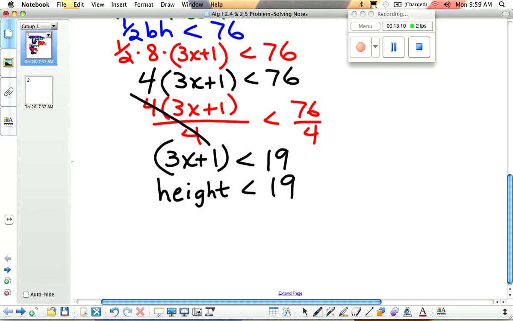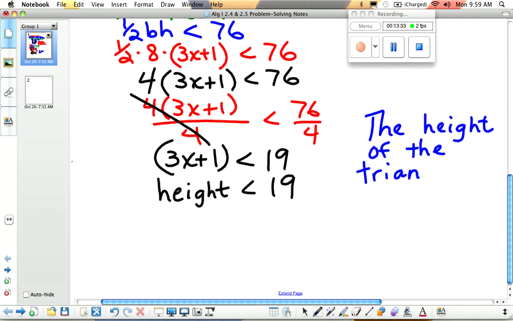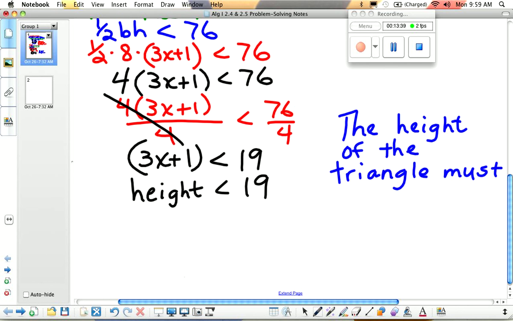It didn't say what's the maximum value x can be. It said what is the maximum value the height can be. So we're going to stop right there because that represents our height, and we're going to say the height of the triangle must be what? 19 what?